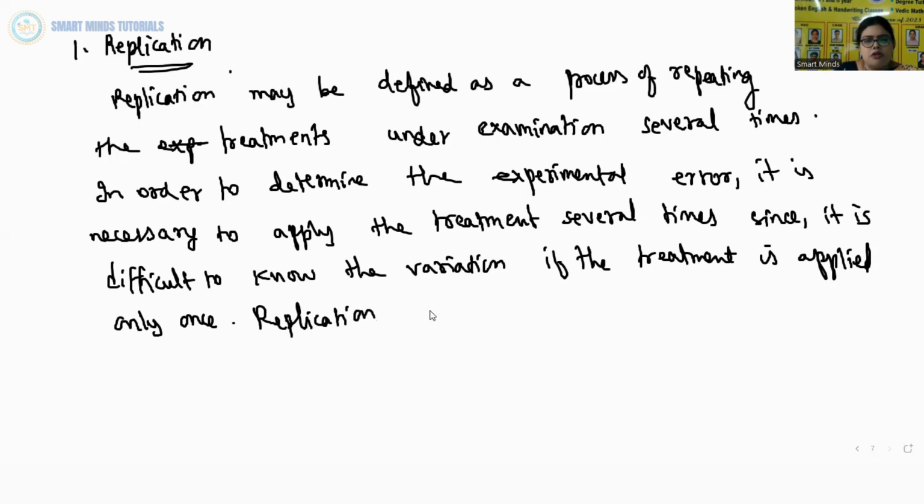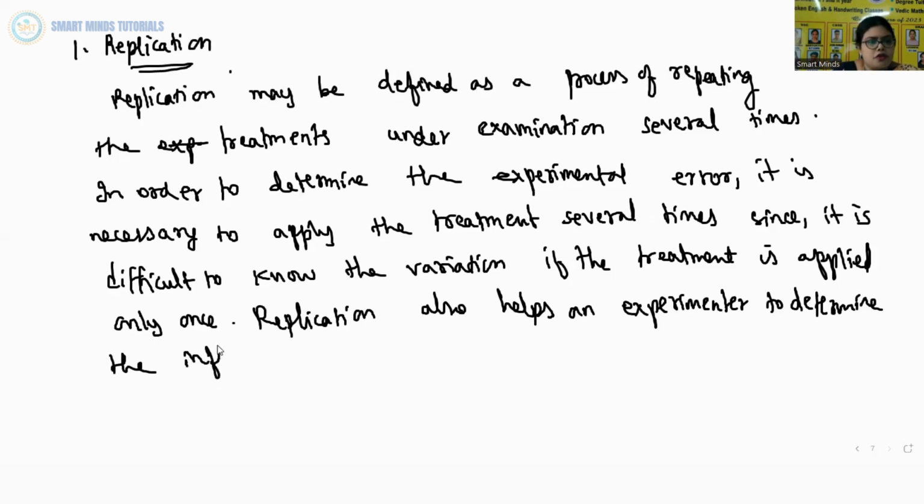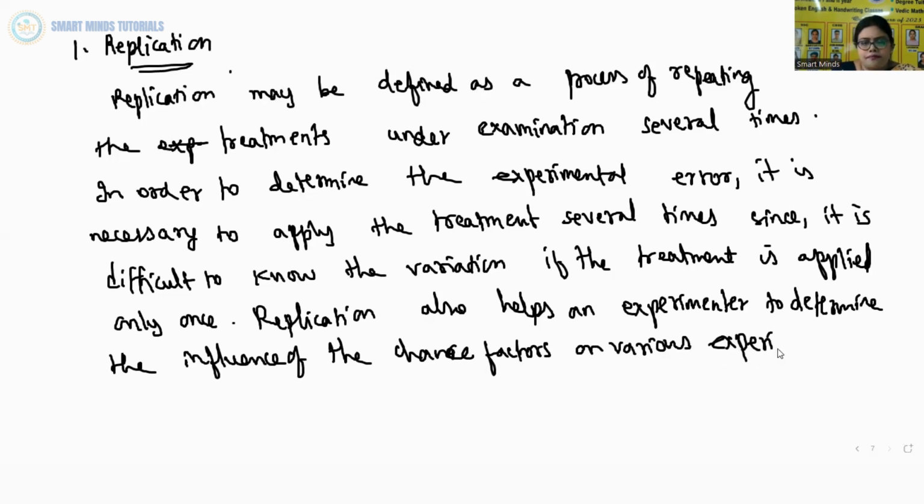So replication also helps an experimenter to determine the influence of the chance factors on various experimental units.